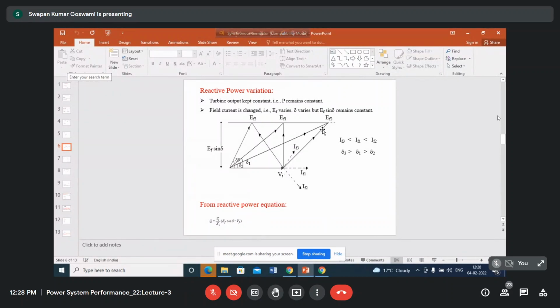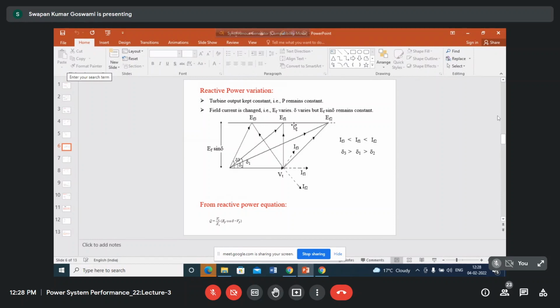Then it is EF2. The length of EF2 is somewhat higher than EF1. How may this be higher? Obviously, the rate of change of flux linkage has to be made higher. And speed is constant because it is a synchronous generator. So what has to be changed? By changing the field current. Field current at EF2 is greater than the field current at EF1.